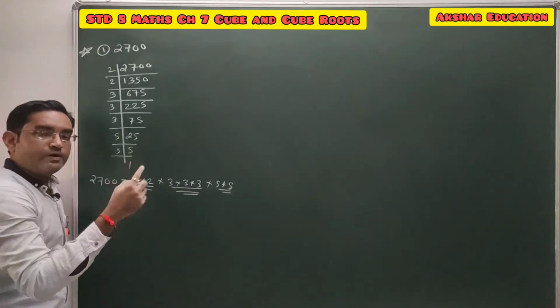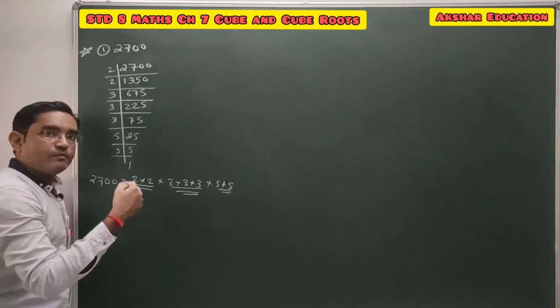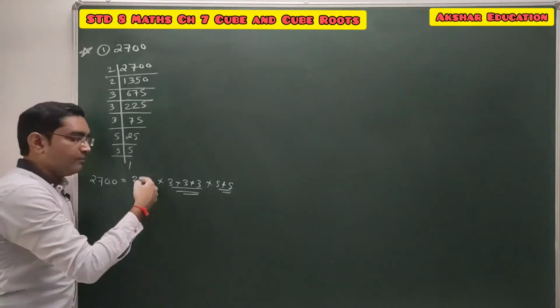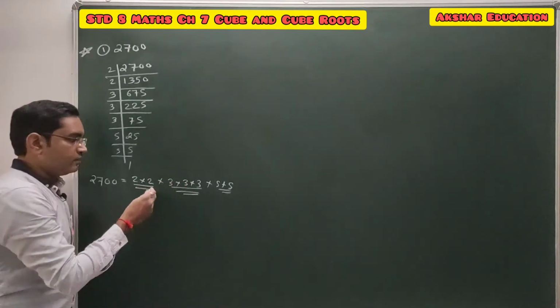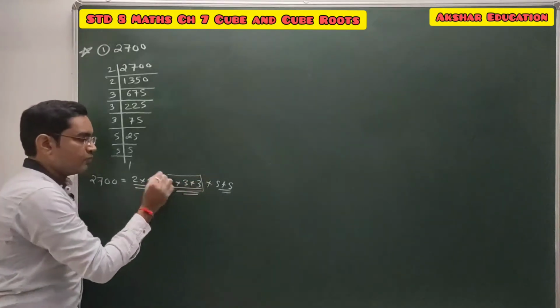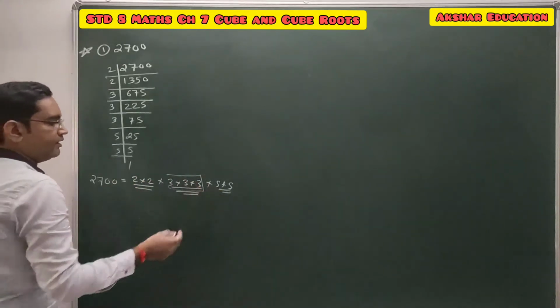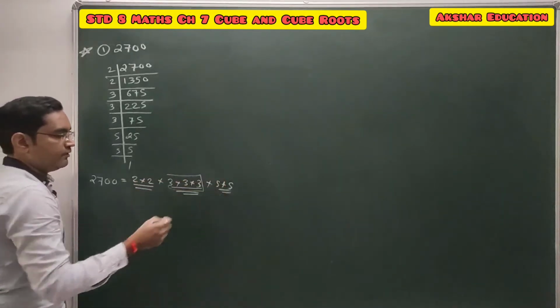You know, likewise with a perfect square number, the factors of a perfect square are in pairs, in the group of 2. Here the factors must be in the group of 3. So here only 3 is in the group of 3, while 2 and 5 are in a group of 2 factors. They are not in the group of 3 factors.